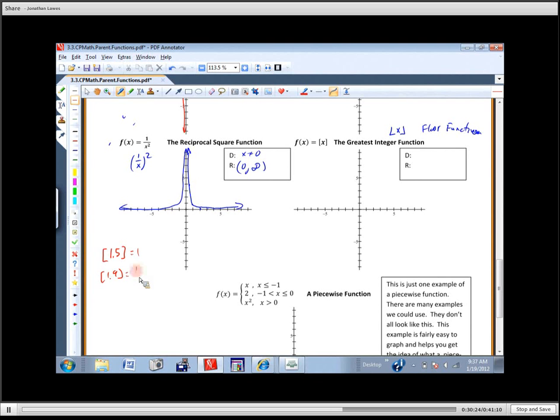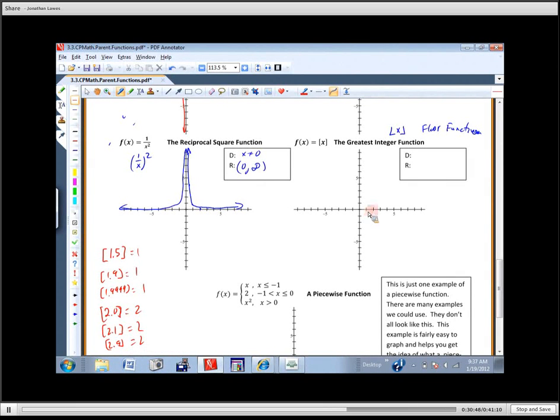Still 1. If I did 1.99999, 1. The minute I get to 2, what's the biggest integer that's not bigger than 2? 2. And if I did 2.1 and 2.9 and everything, it would always be 2 until I get to 3.